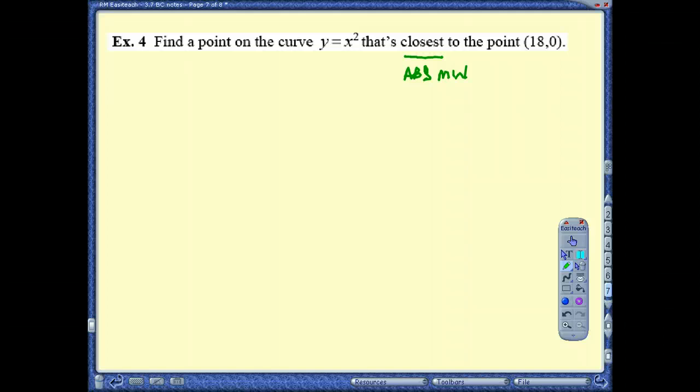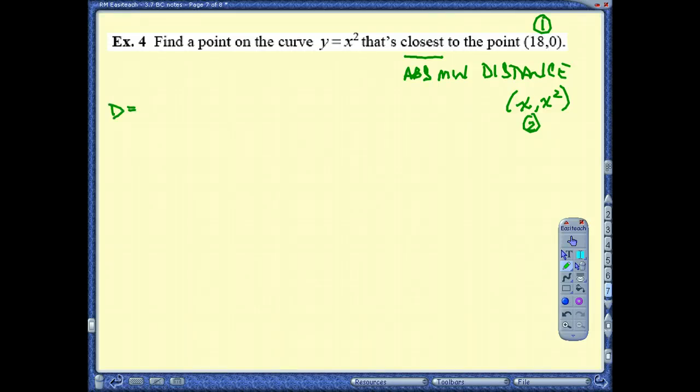Closest says absolute min. It also talks about distance. So we've got the point (18, 0), and then we also have the point (x, y). Well, they tell us y is x squared, so we have this point right here. So here's point 1, here's point 2. We're going to use the distance formula to help us out.